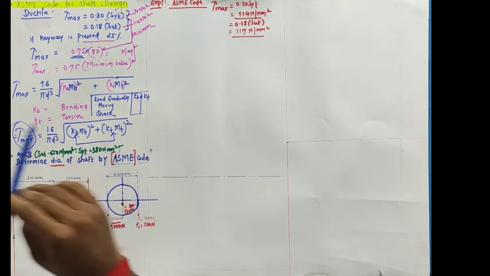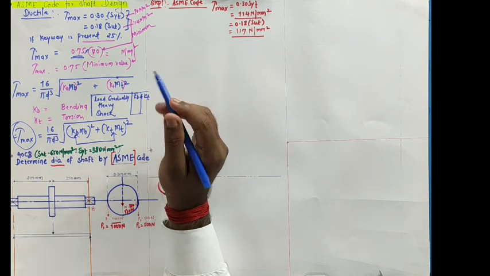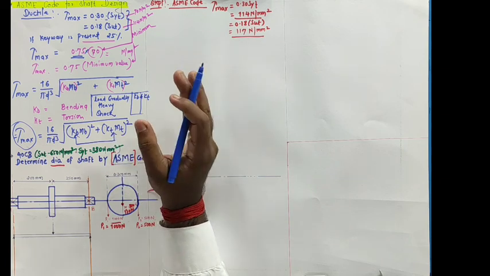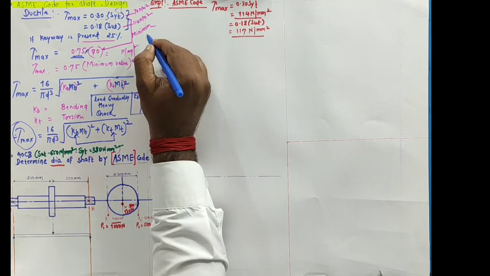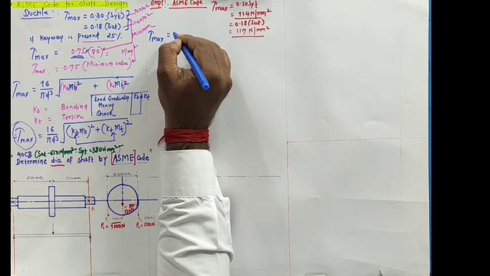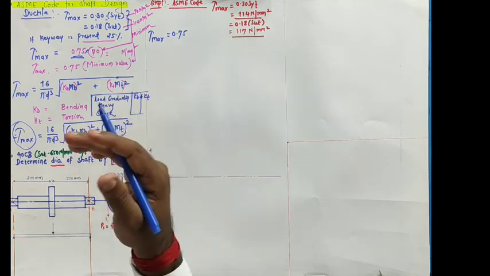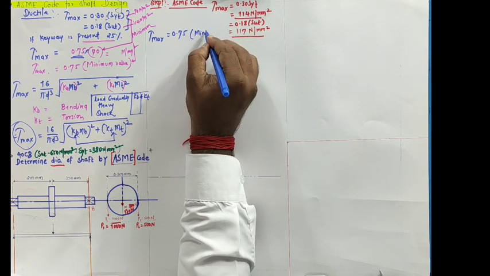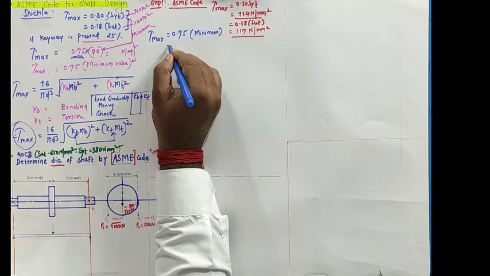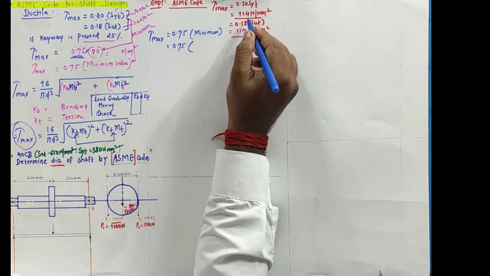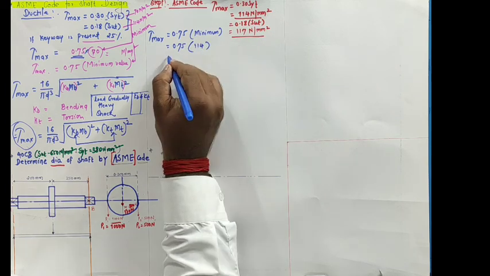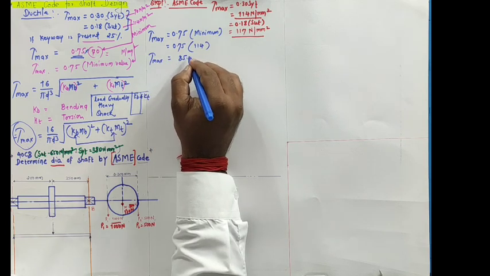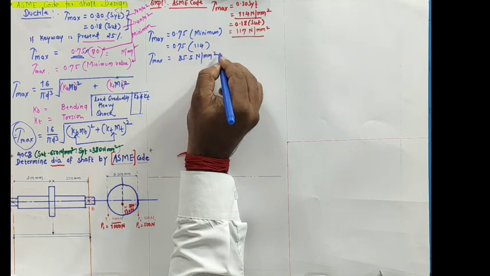Now, it is mentioned that we'll have to reduce the value by 25%, so we select 0.75 times. So my ASME code maximum shear stress is equal to 0.75 times, since the shaft is keyed and a keyway is present, the minimum value of the above. The minimum is 114, so tau max is equal to 0.75 times 114, which gives 85.5 Newton per mm square.